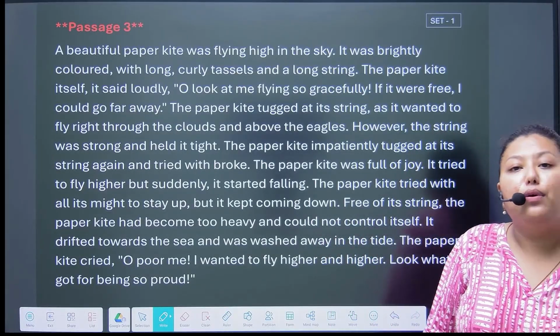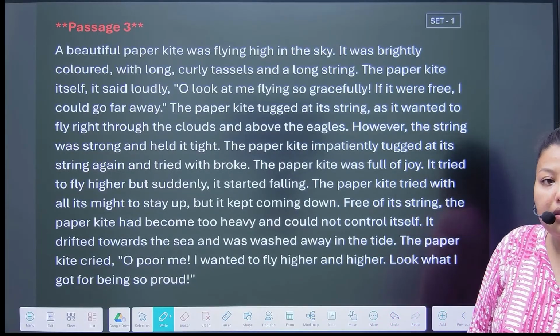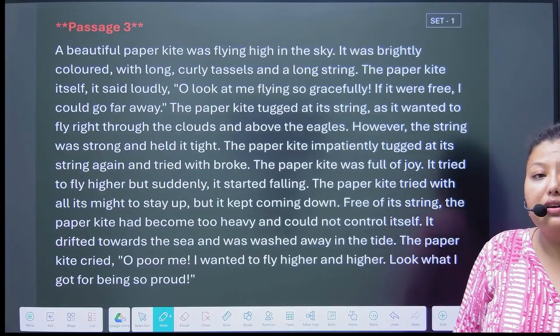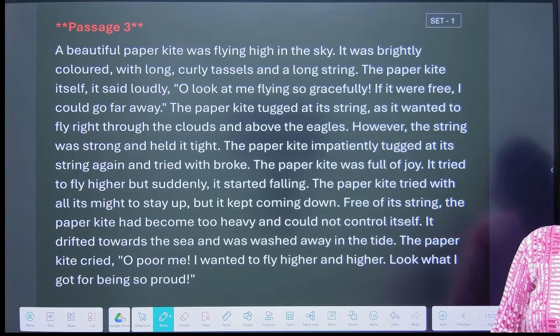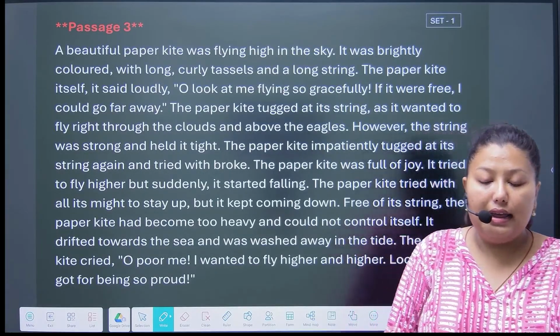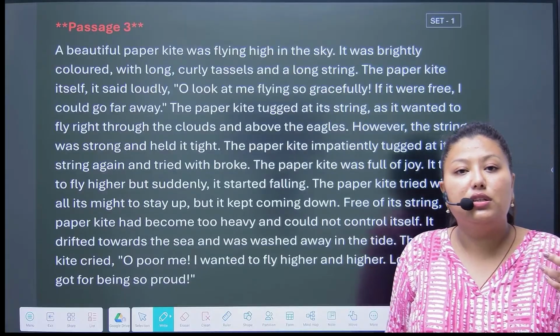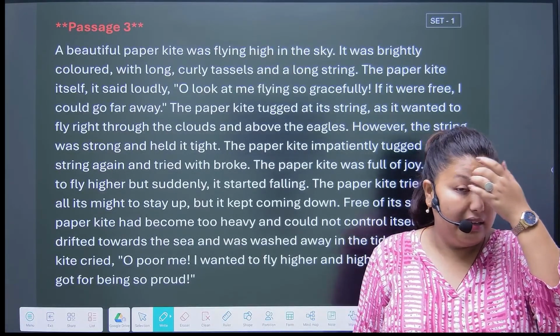It drifted towards the sea and was washed away in the tide. The paper kite cried, "Oh, poor me, I wanted to fly higher and higher. Look what I got for being so proud." So, at last, when he was washed away in the tide, the paper kite cried. He was unhappy.